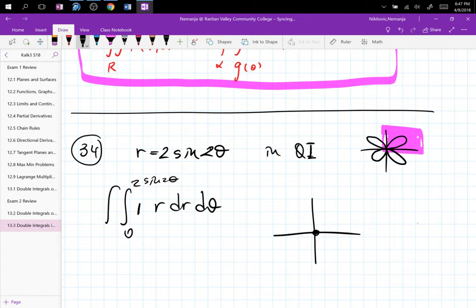It might do something like this. Now, if that's the way it's drawn, sure, 0 to pi over 2, pi over 2 to pi, pi to 3 pi over 2, 3 pi over 2 to 2 pi, and it stops.